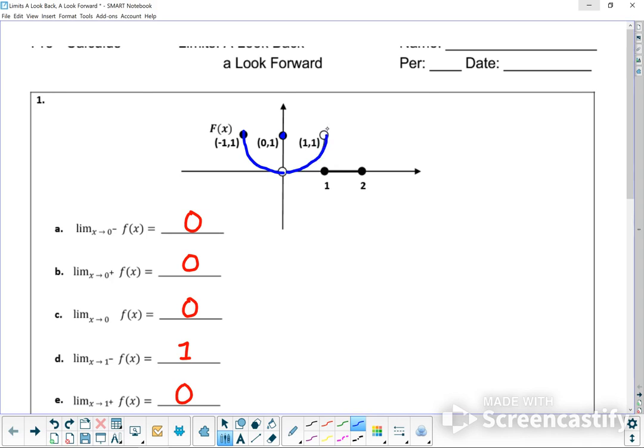When I get to there, I have to take my pen off, come down here, and continuous, continuous, continuous. You saw two places where I took my pen off. One place was right here at x equals 0, and another spot was right here at x equals 1. So those are two places where the function is discontinuous: x equals 0 and x equals 1.